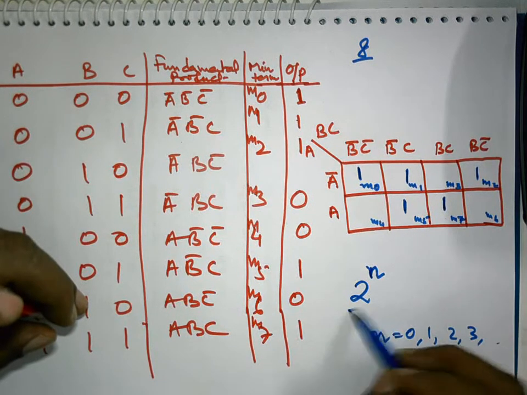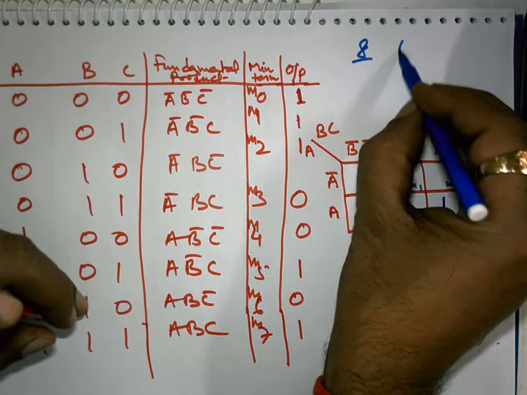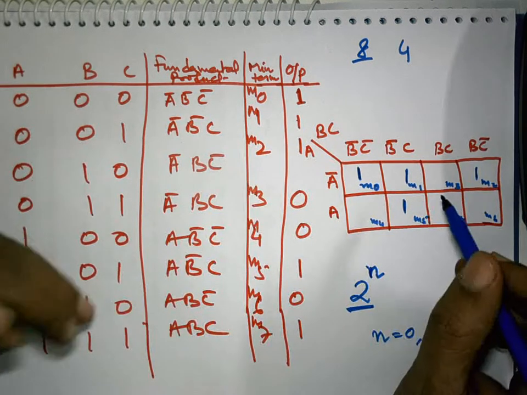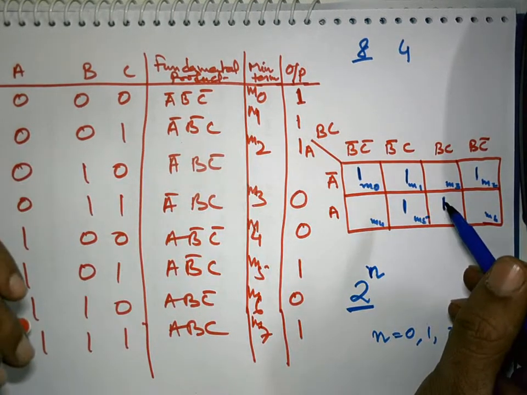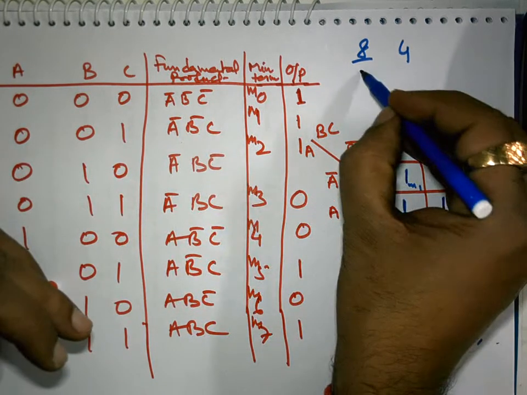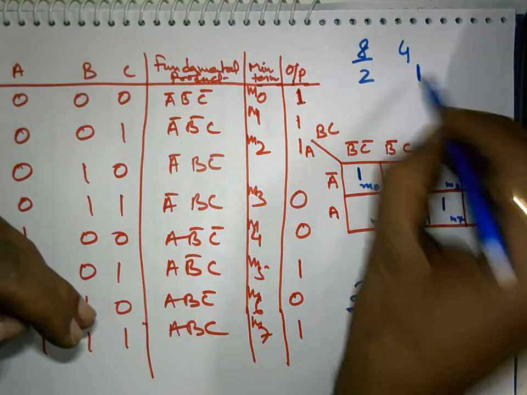Then according to this rule, the next group size is 4. 4 ones, if they occur in their neighbors, can be made to form a group. Then two ones and then single one.